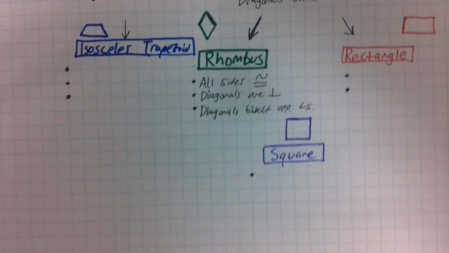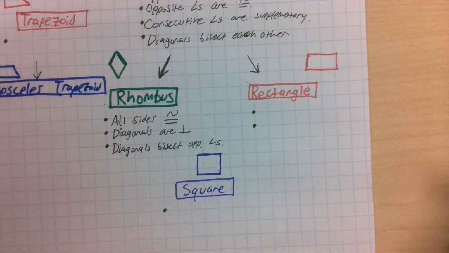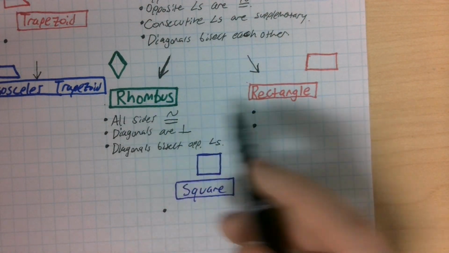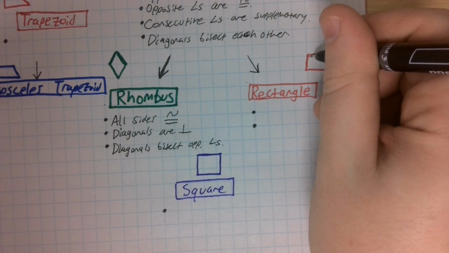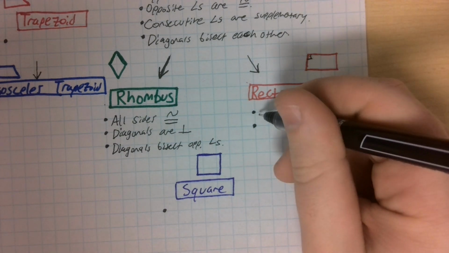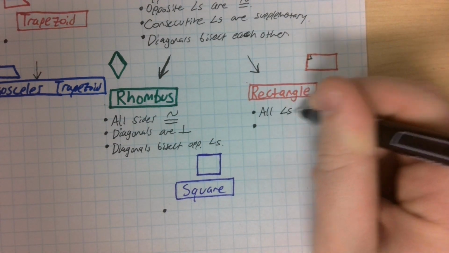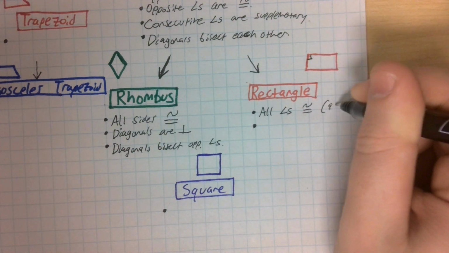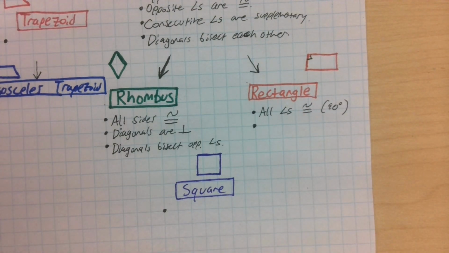These are properties that the rectangle doesn't necessarily have. For instance, in a rectangle, the sides aren't all congruent, but we do know we've got 4 right angles here. All angles are congruent, and they're going to be 90 degrees. With a rectangle, the diagonals also aren't going to be perpendicular.